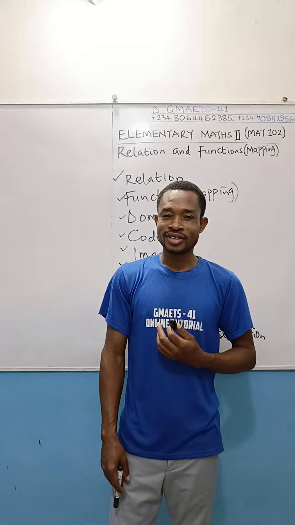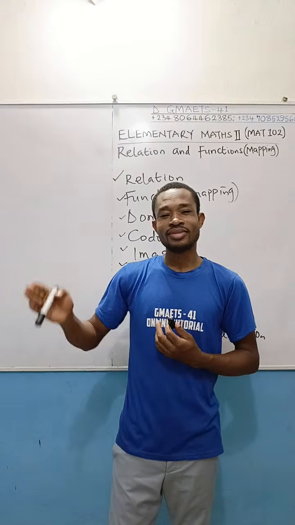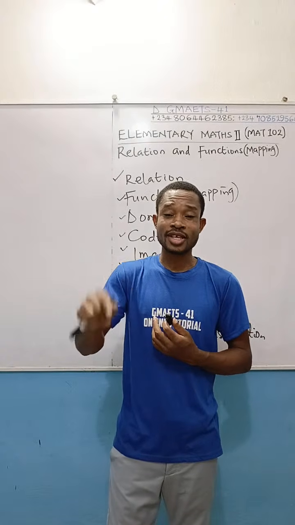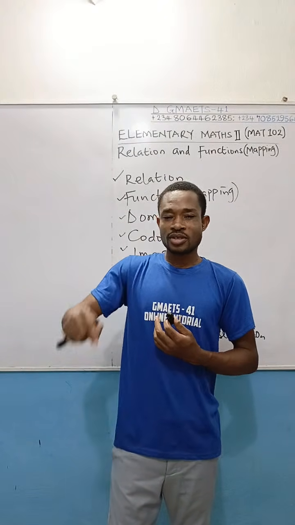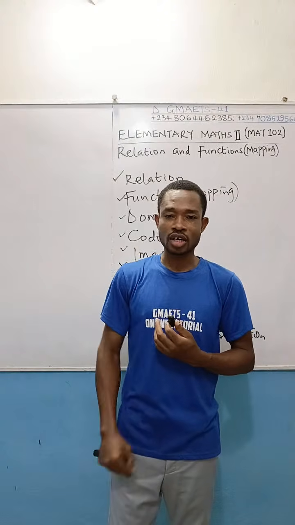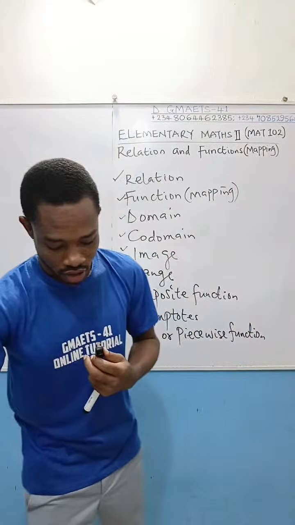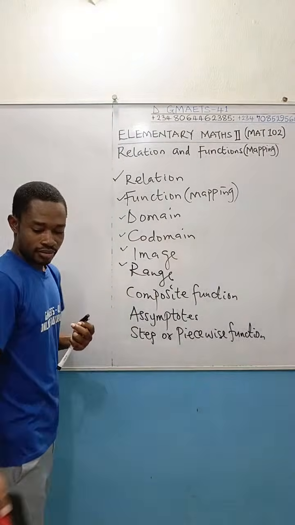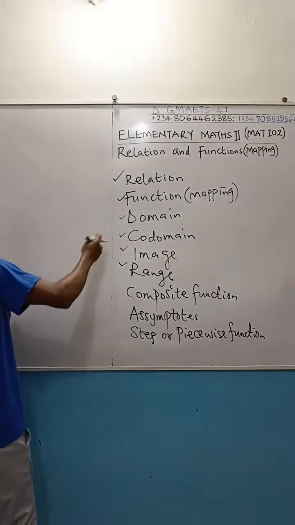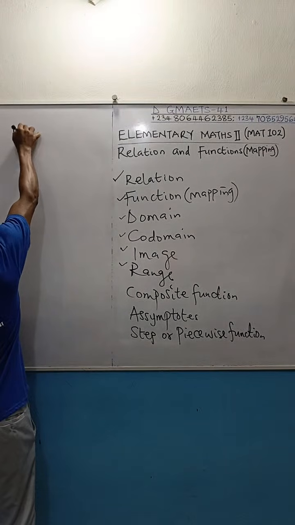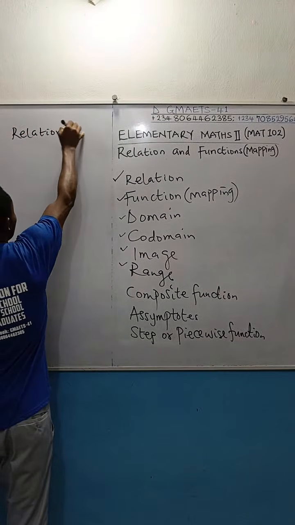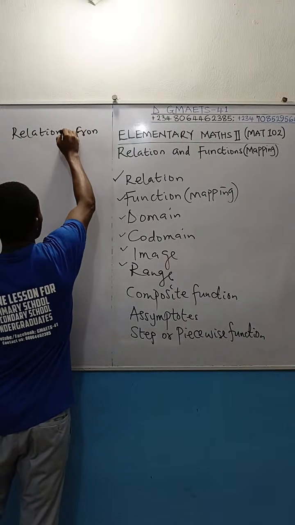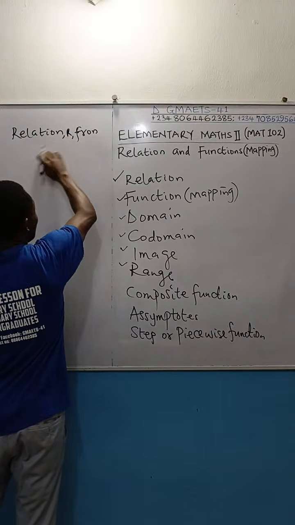A relation from set A to set B, where both sets are non-empty sets, is a subset of the Cartesian product of A cross B. All right. So having defined that, maybe I could write on the board, relation, let us use R to represent relation.